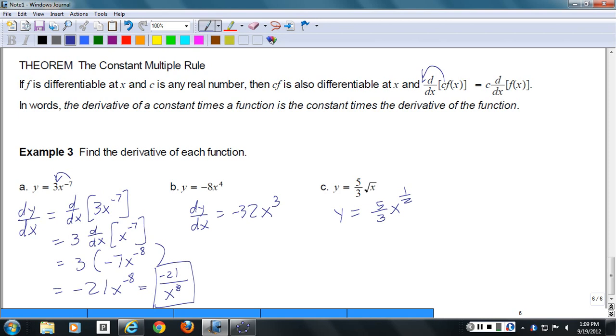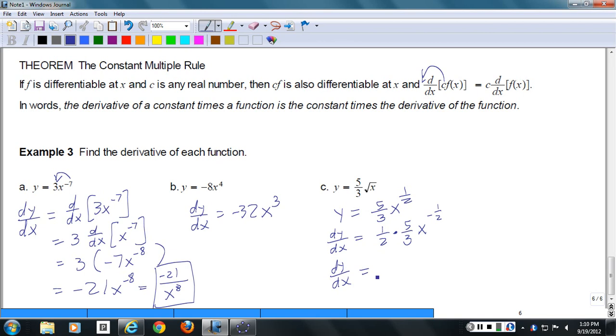So dy/dx equals 1/2 times 5/3 x to the negative 1/2. Subtract 1 from the exponent. And so dy/dx, and I do 2 or 3 things at once.